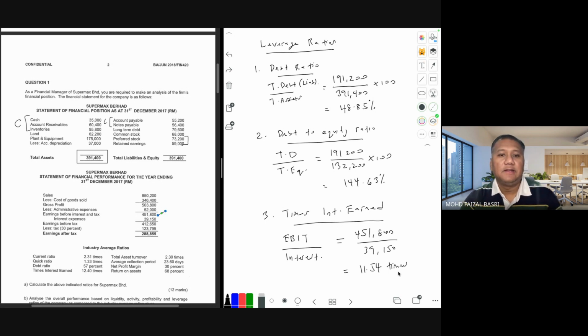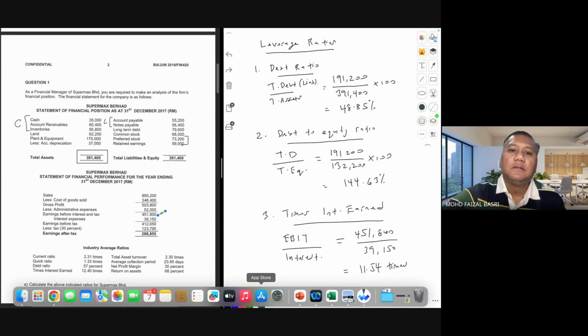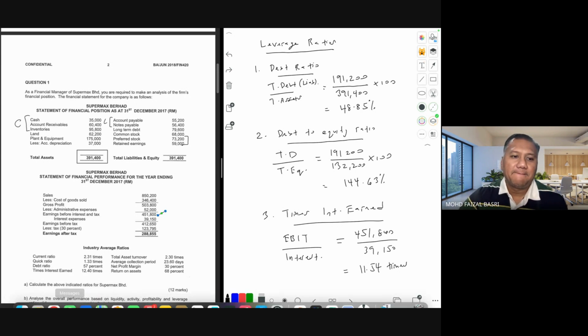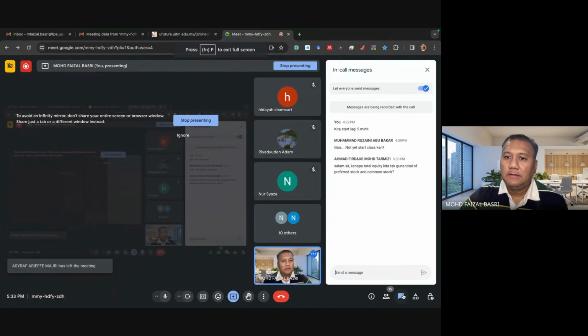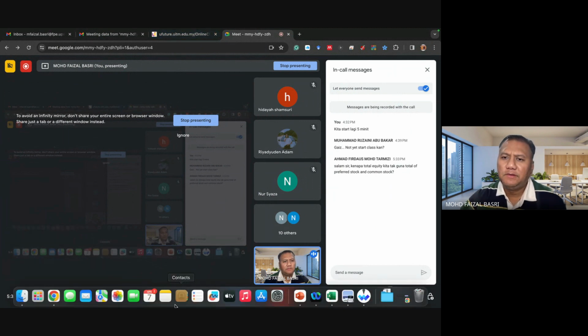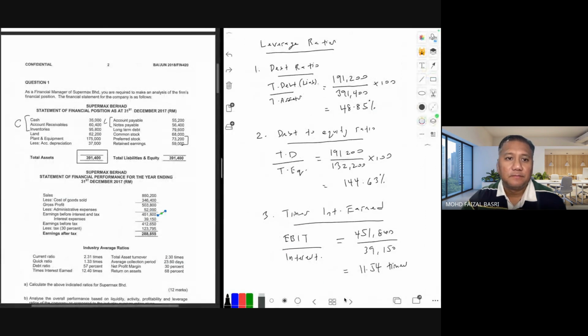Ada yang tanya soalan ke? Dengar ada. Dia ada total of preferred stock and common stocks. Okay, let me see the question just now.